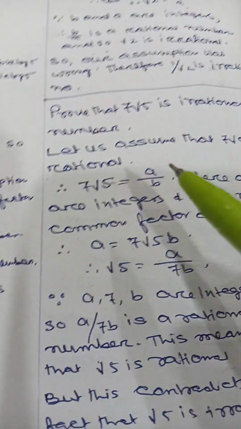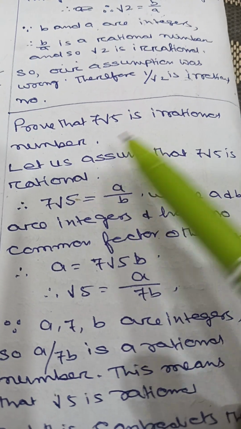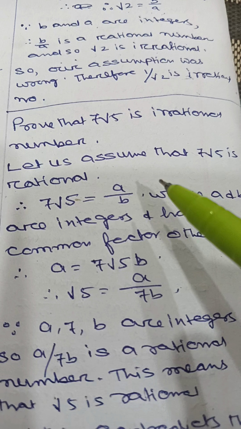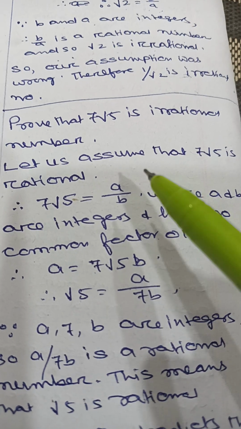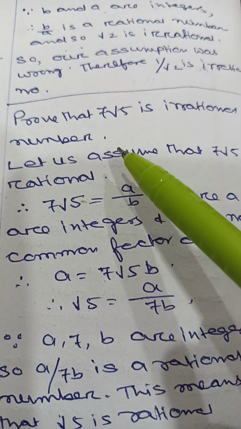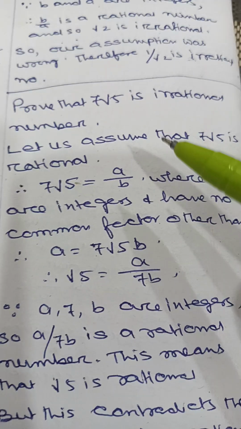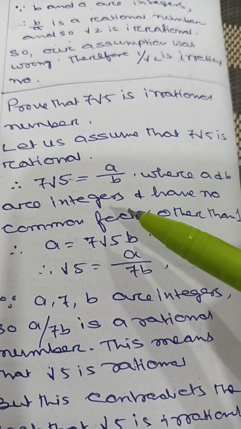Now this is the second question. Prove that 7 root 5 is an irrational number. You see, these are statement-type maths, so it may be quite difficult for the students. It is only possible if you write it several times.